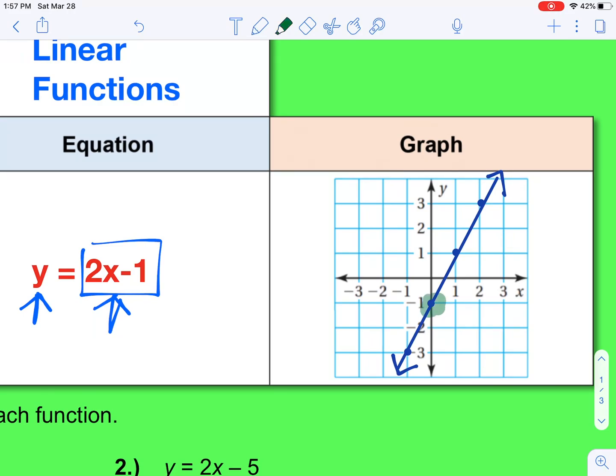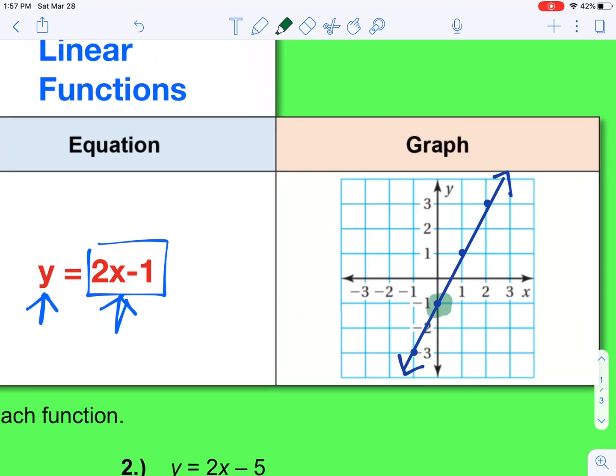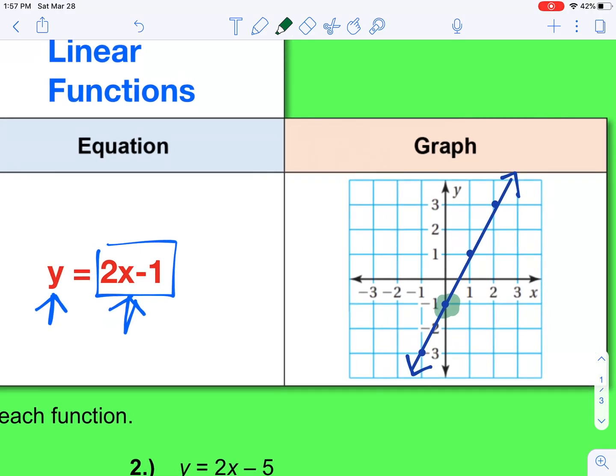That one is x equals 0. If I go to my function rule and plug in x equals 0, 2 times 0 is 0, minus 1 is negative 1. So that's how I got that point. That point right there is the point (0, negative 1). I also used the inputs negative 1, 0, 1, and 2, and I connected the points and added arrows to make our graph.